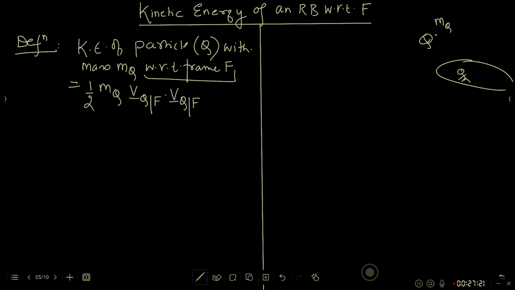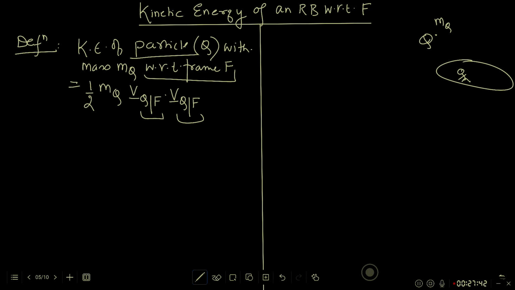Since there is a velocity involved, the frame automatically becomes relevant. So the same particle will have different kinetic energies with respect to different frames.